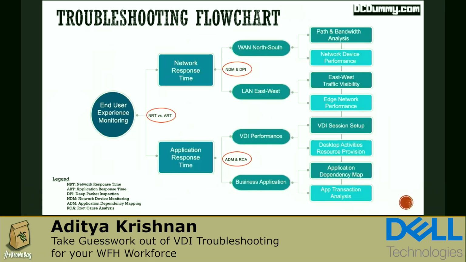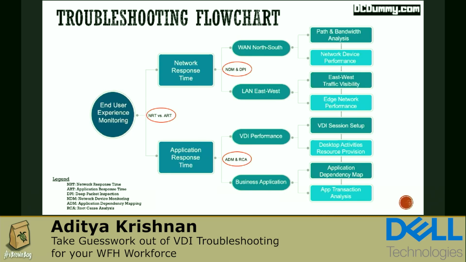So a simple troubleshooting flowchart would begin as you see over here. You would always want to keep your end user experience in mind when you start your troubleshooting process. You would want to see whether the issue is due to a network response time or an application response time.